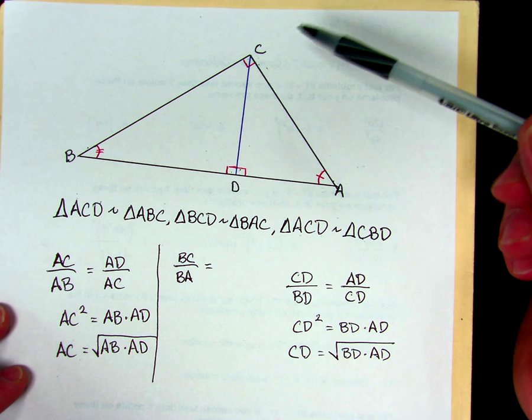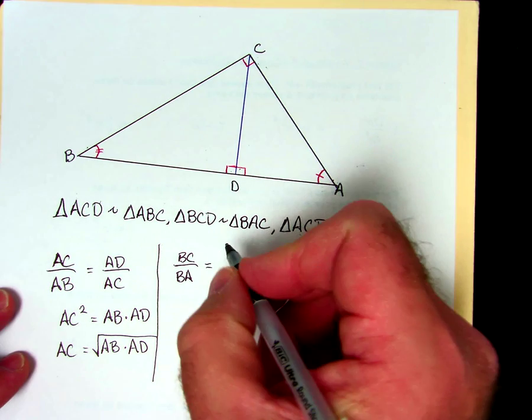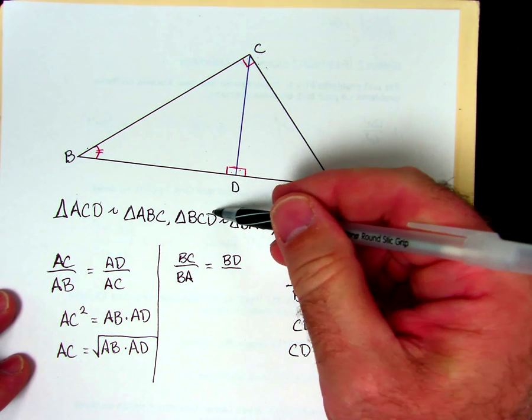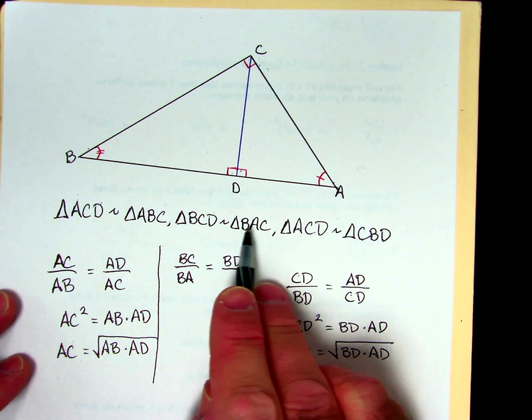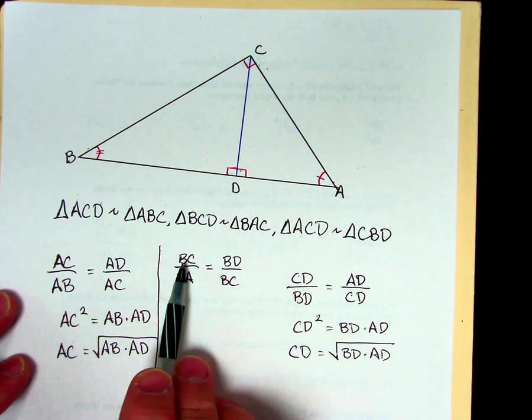And then another segment from triangle BCD, let's say segment BD, its length will correspond to the distance from B to C.